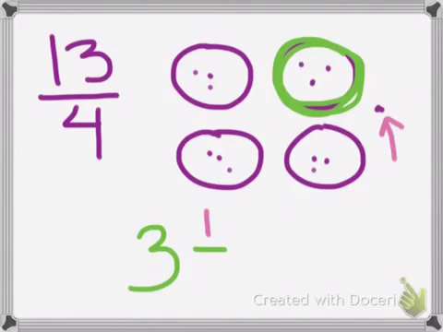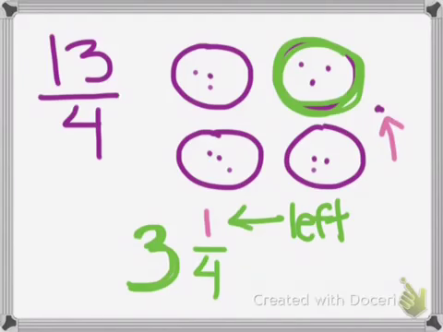And then, of course, just like usual, my denominator stays the same. So 13 fourths is the same as 3 and 1/4. I divided 13 divided by 4, and I found what whole number I could make out of that, and it was 3. Whatever was left over became my numerator, and my denominator stayed the same. It was still 4.